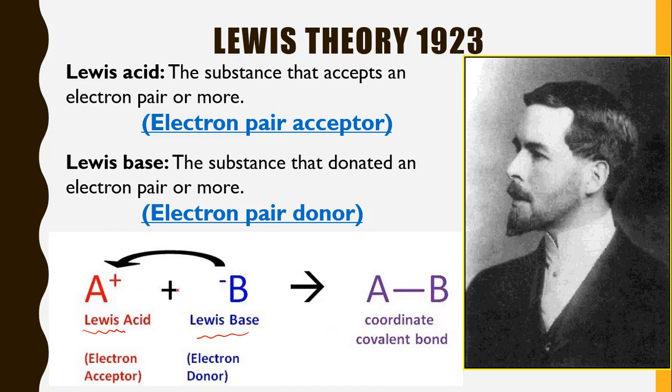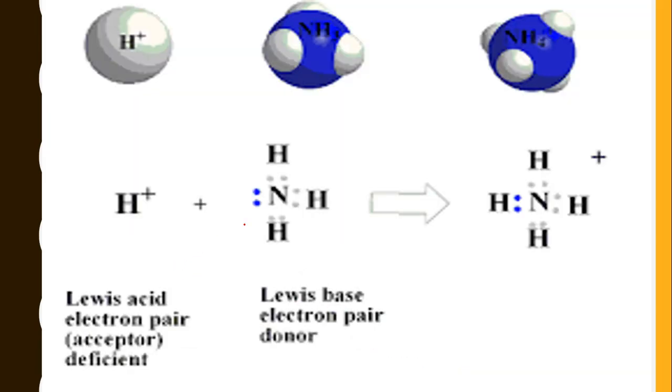Okay, so a bond forms between the positive ion and the negative ion, a kind of covalent bond between A and B. For example, in NH3, nitrogen has a lone pair of electrons, so it donates electrons to the positive hydrogen ion. The positive hydrogen ion accepts the electrons from the ammonia molecule.